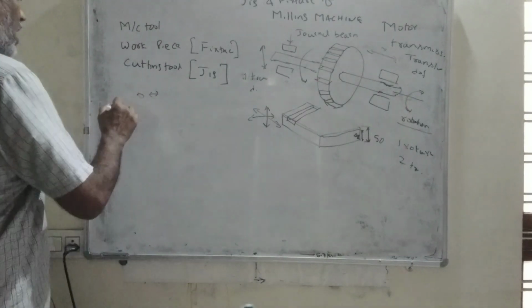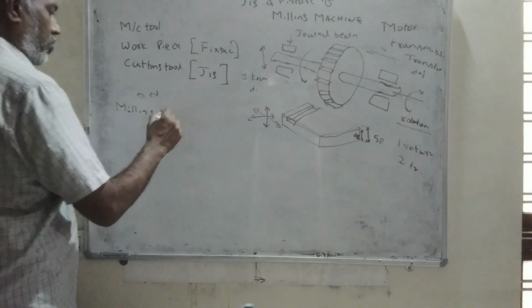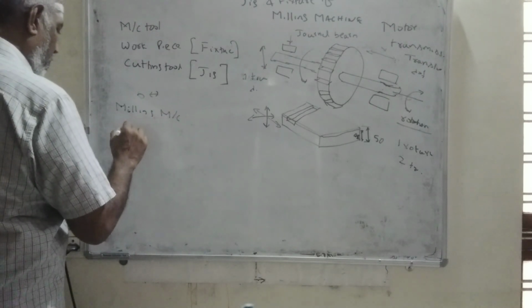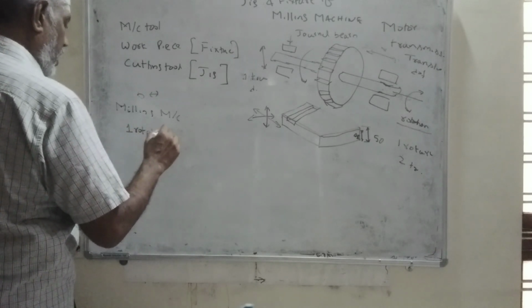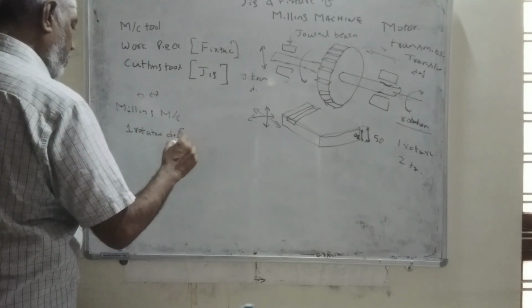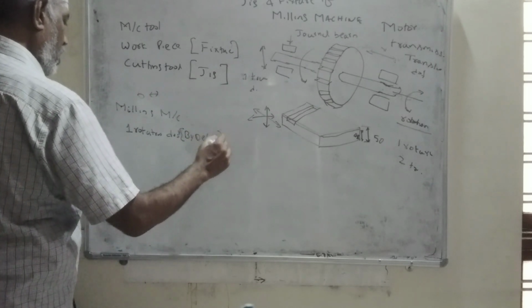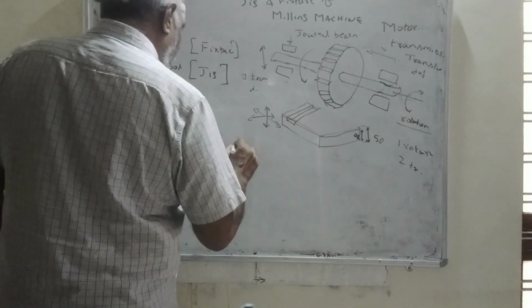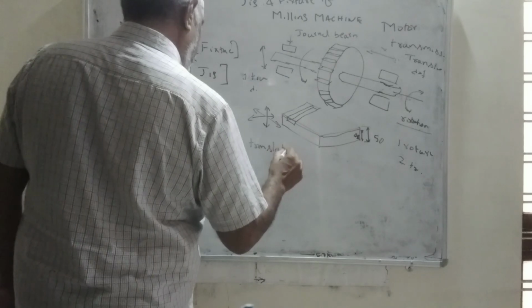So in a milling machine, you can provide one rotary degree of freedom by default, and you can provide two translatory degrees of freedom.